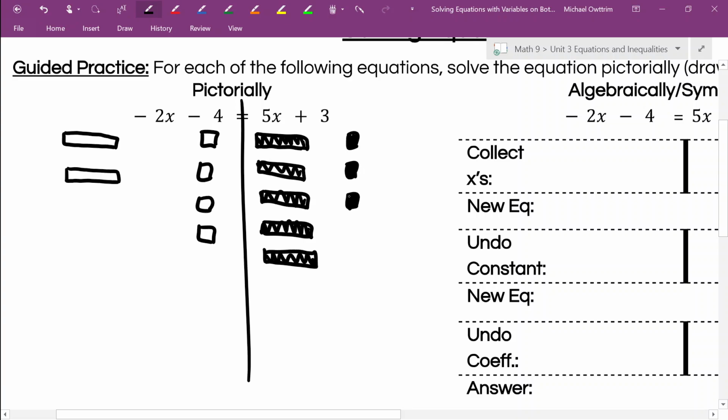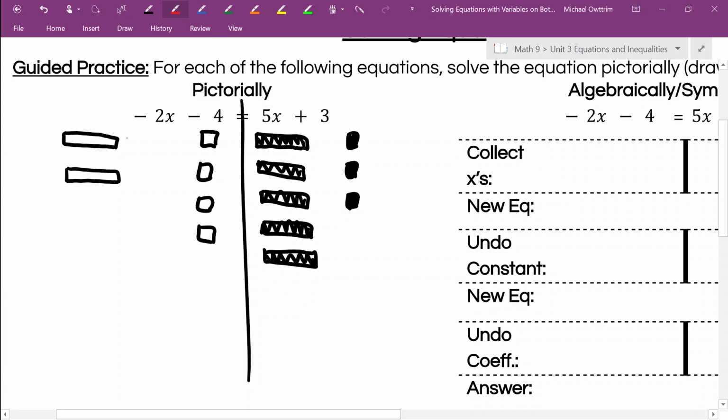Okay, now the first thing that we need to do here is collect our x's on one side of the equation, and we generally want to collect our x's so that they are positive. In this case, my larger coefficient is 5, that's larger than negative 2, so I'm going to collect the x's on the right side, which means I need to cancel out the x's on the left side.